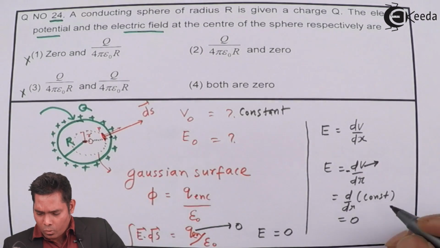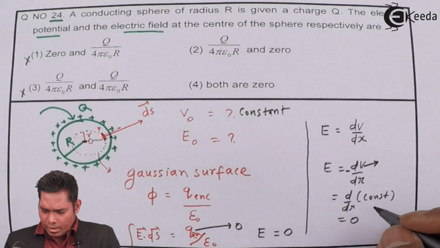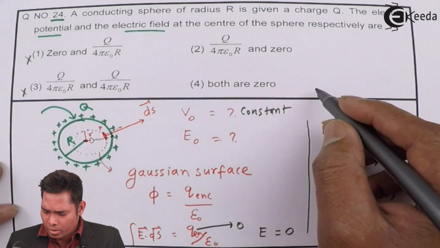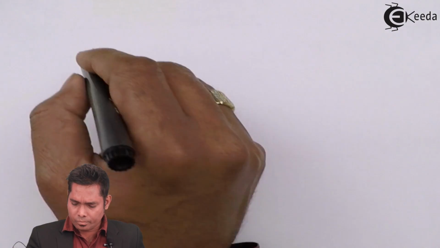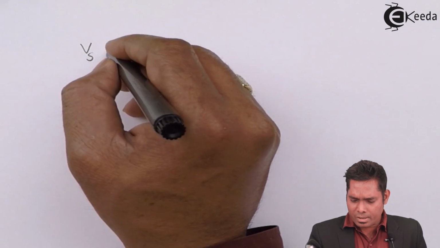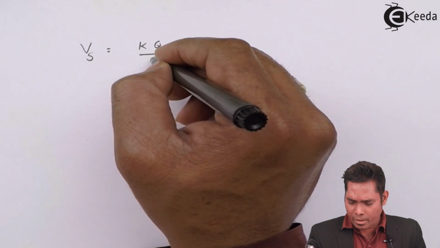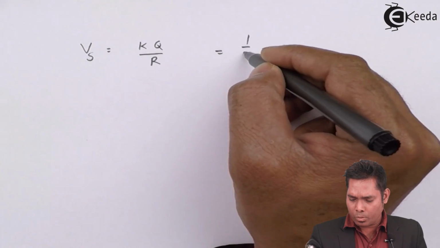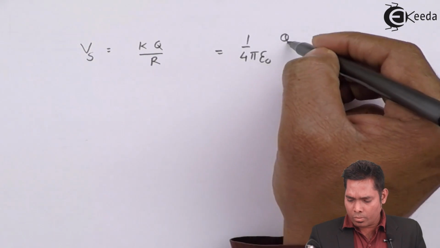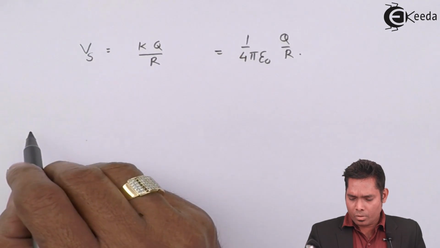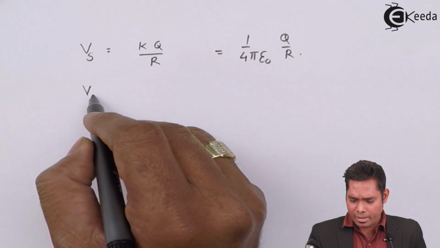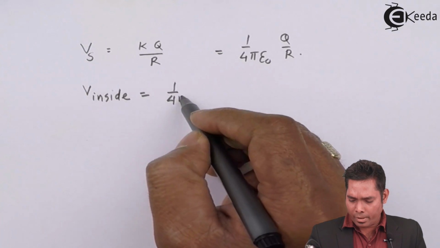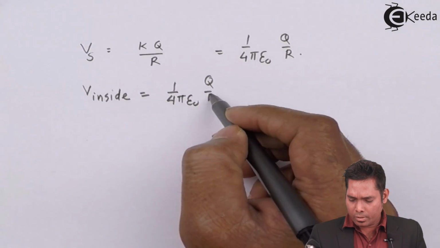So therefore this is constant, and that equals kq by r. Potential on the surface is kq divided by r, where k is 1 upon 4 pi epsilon naught. So this is 1 upon 4 pi epsilon naught q over r. This is for the surface. And potential at any inside point will remain the same, 1 over 4 pi epsilon naught q over r.